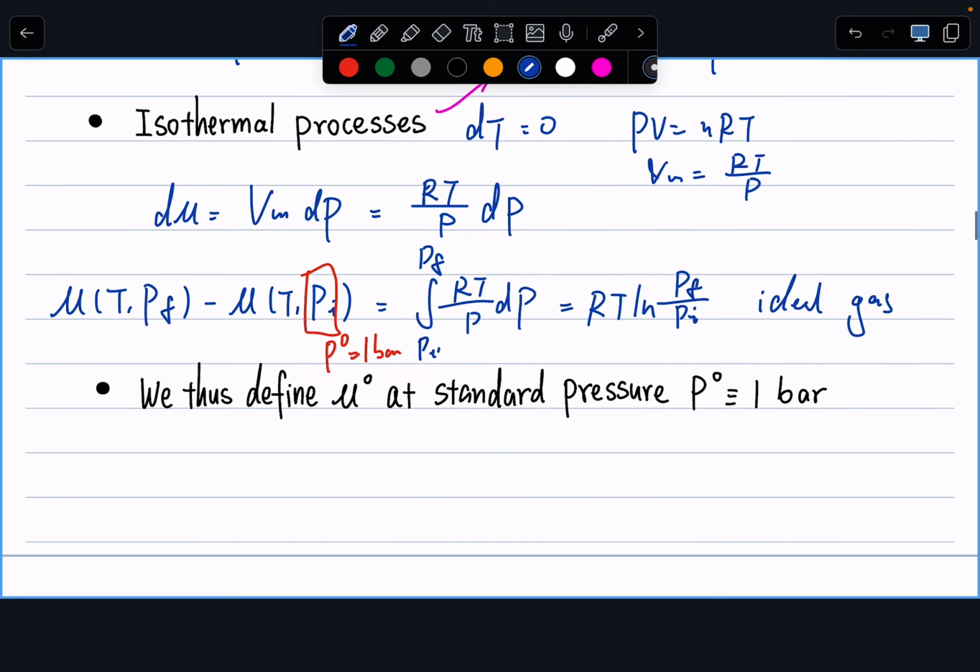Then we can write out a general expression of mu(T, P) equals mu naught, which is a function of temperature, the standard chemical potential at 1 bar, plus RT ln P over P naught. Right, so here we're just replacing P final with any pressure, and P initial with your standard 1 bar pressure.